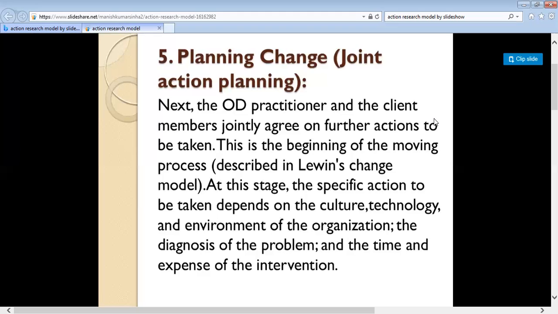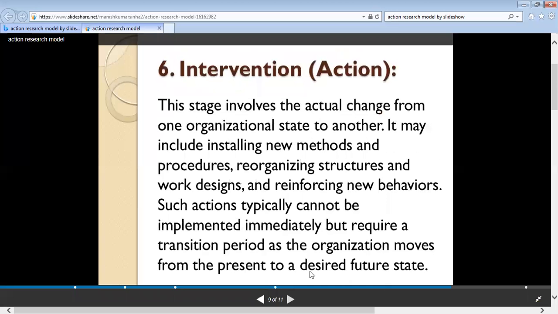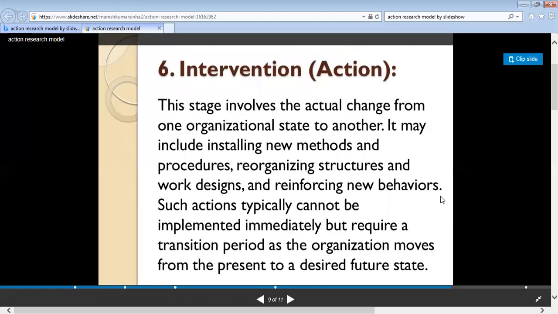And after that, the sixth step, that is your intervention or action. This stage involves the actual change from one organizational state to another. It may include installing new methods and procedures, reorganizing structures and work designs, and reinforcing new behaviors.